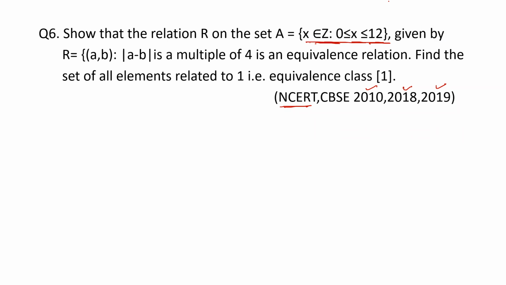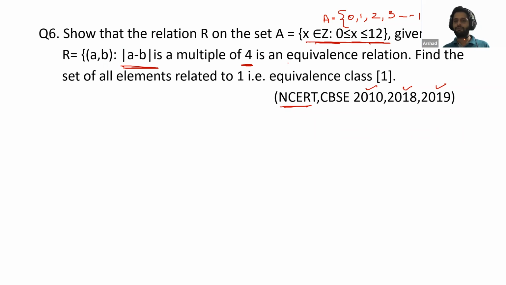Very good. So I hope this is clear to everyone, because in the question it is written that this is an integer and it starts from 0 and goes up to 12. Now the relation R is given by a minus b is a multiple of 4.